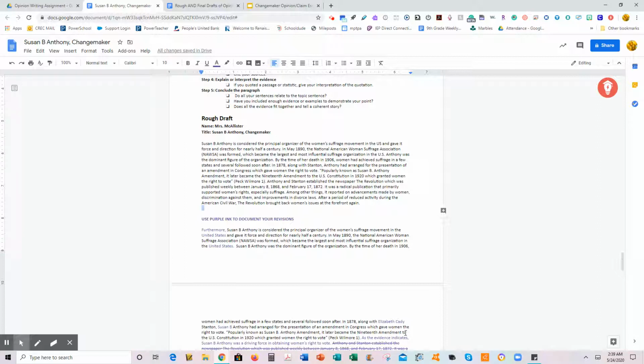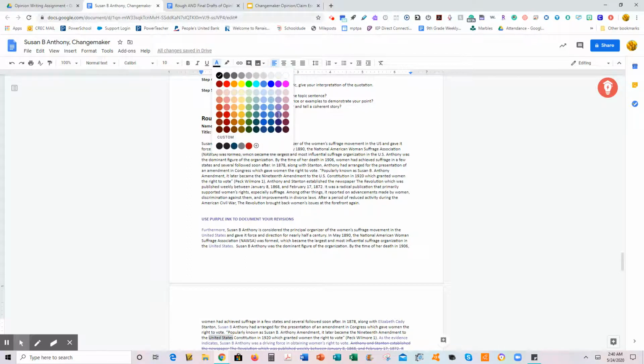It later became the 19th Amendment to the U.S. Constitution in 1920, which granted women the right to vote. Now here, again, I'm going to make it consistent. Make sure that it's purple.